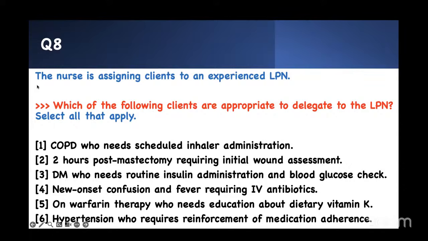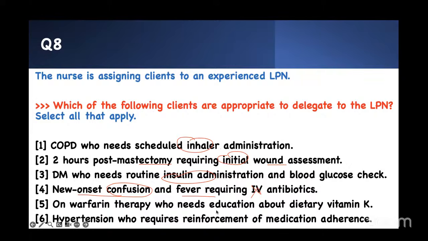Medication for COPD. Inhaler is okay. Initial is not okay. The nurse has to perform the initial assessment. Insulin is a routine medication. It's not a bad thing, right? But somebody who has confusion and fever, I don't think the LPN should take care of that.